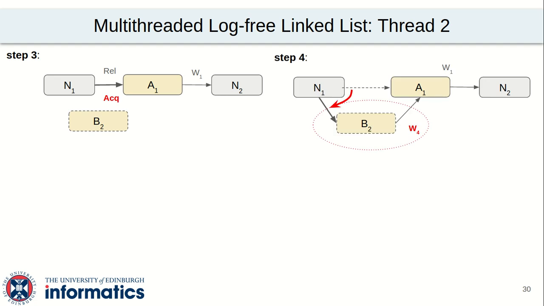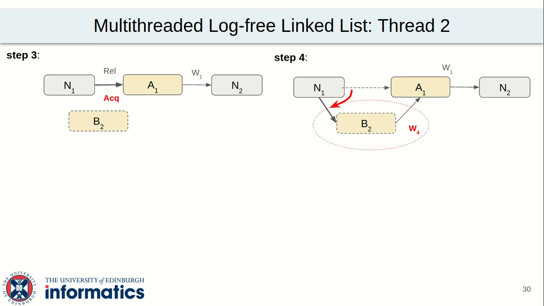Subsequently, the new node B2 is created and inserted using a compare and swap instruction. We refer to the writes that follow the acquire, those that are used to create B2 and insert it, as W2. What are the requirements for crash consistency?